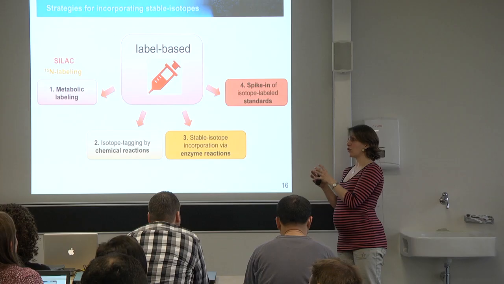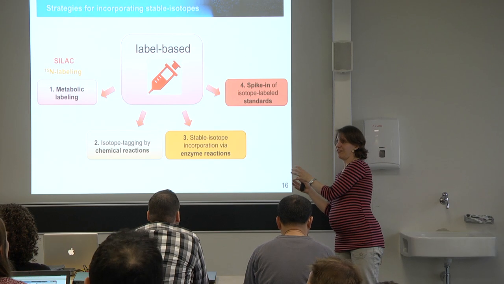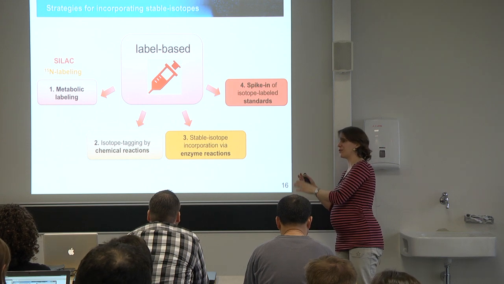So if you want to normalize for sample amount, that you load the same sample amount from all the samples, and you use peptides for that you spiked in just before mass spectrometric measurement, this is not a great thing to do. With peptides that you spike in just before the measurement, you can very nicely normalize for mass spectrometric variation, everything that happens afterwards, but nothing before.